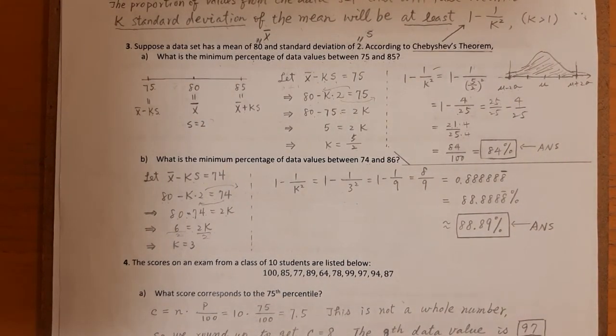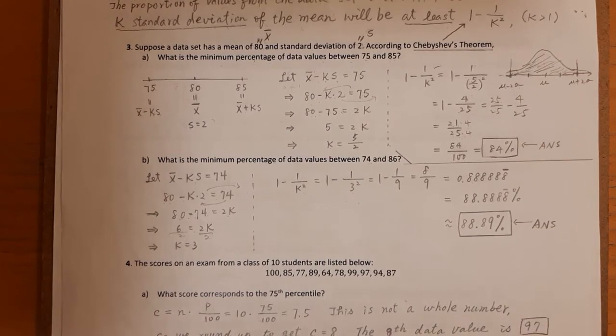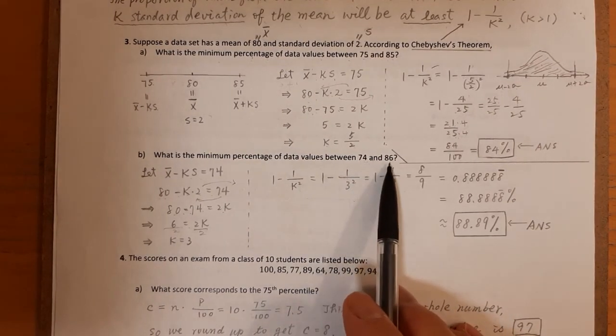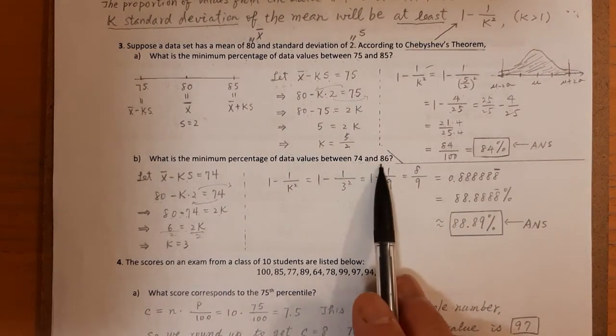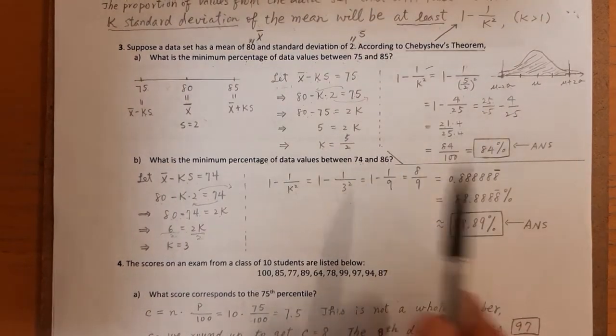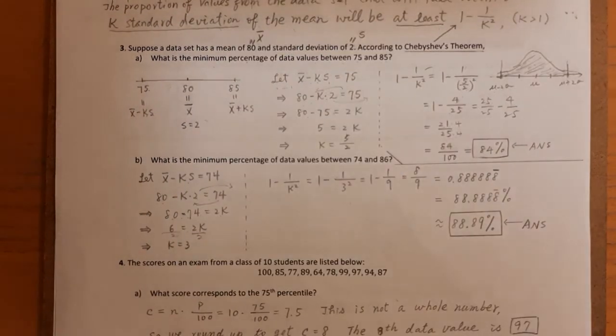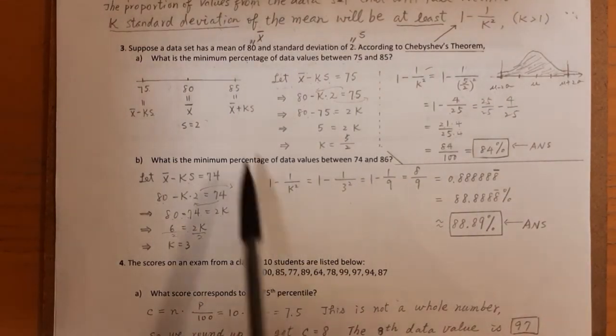It asks you at least what percentage of the data is between 74 and 86, which is 3 standard deviations from 74 to 86. It's going to be 3 standard deviations from the mean. Mean is 80.